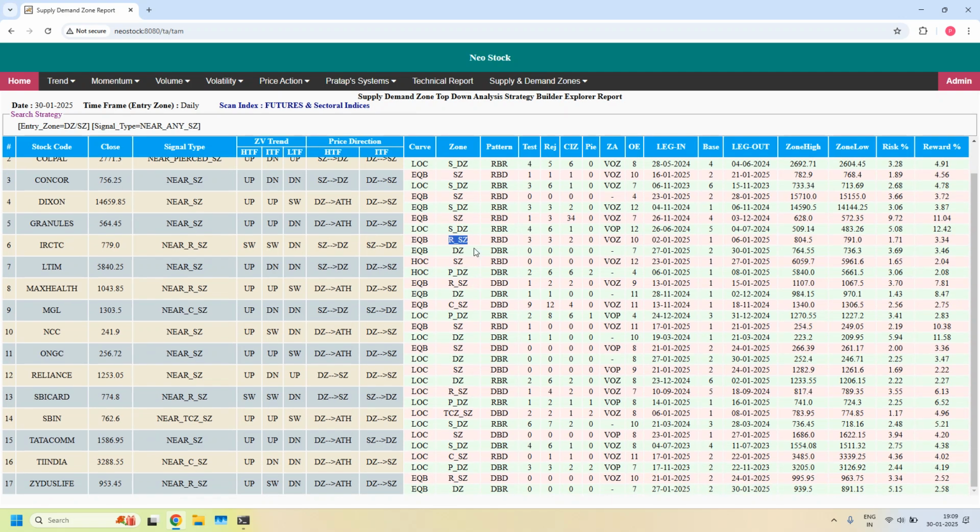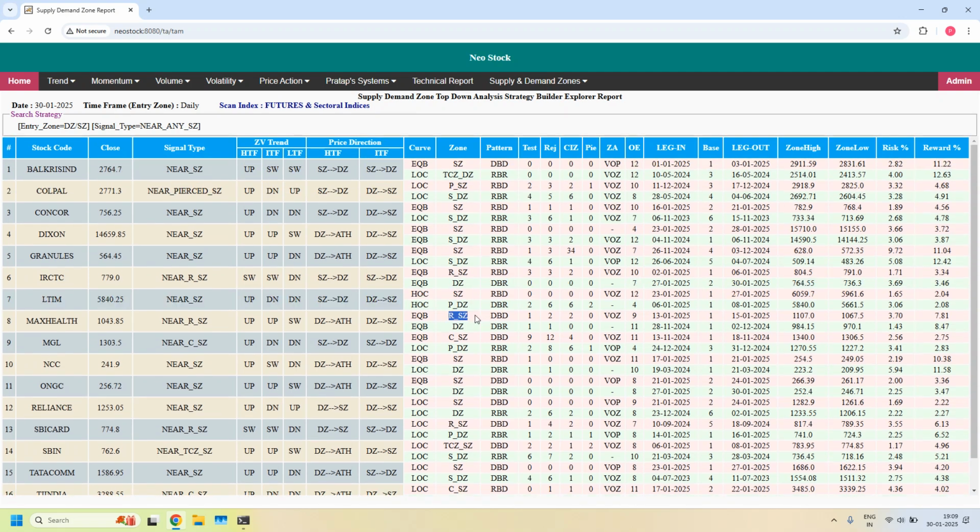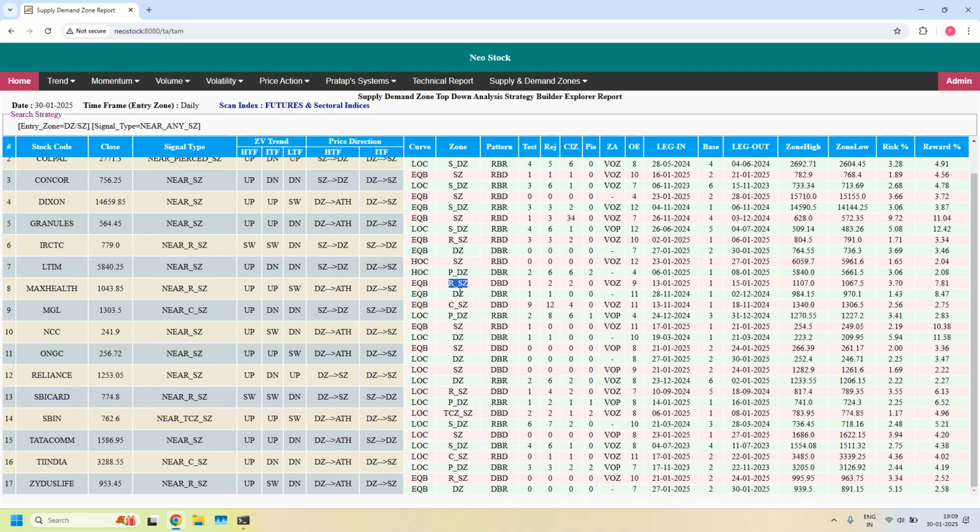IRCTC is having a high liquidity daily supply zone. Max Health is having a high liquidity daily supply zone. MGL is having a high liquidity supply zone.